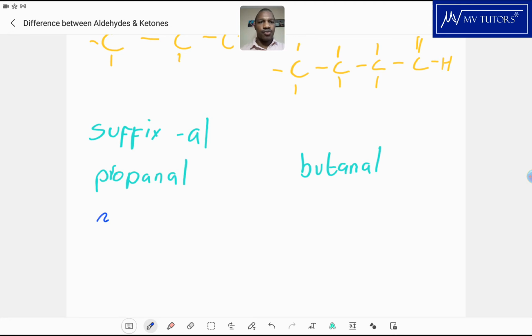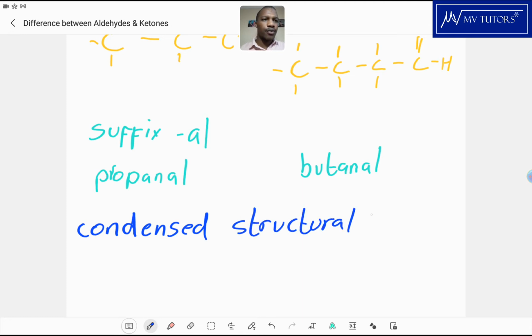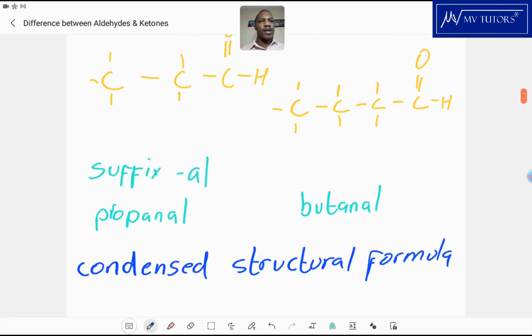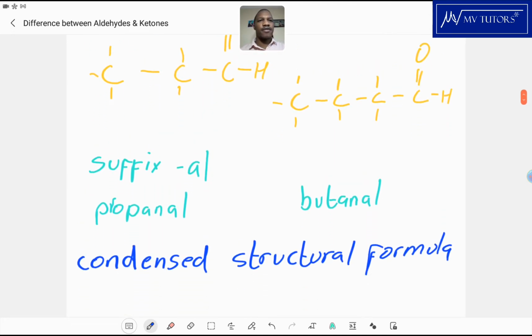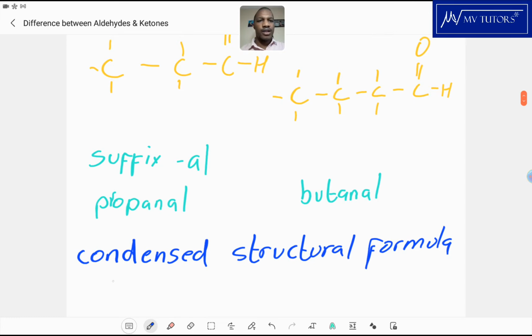Now let's talk about its condensed structural formula. It's taken from the structural formula, so we just look at the number. The first C is bonded to 3 H's. The second C is bonded to 2 H's.